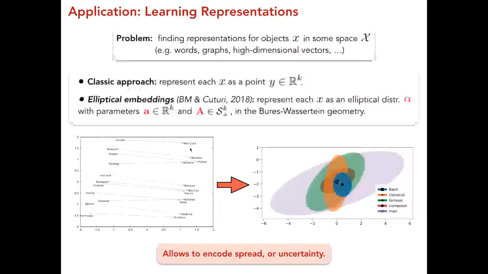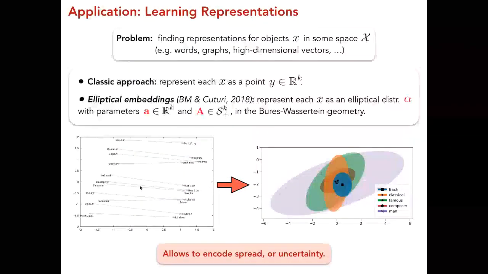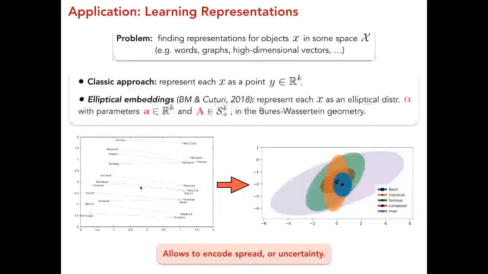So in the example of word embeddings, if we use these representations, then not only do we get the points, but we also get the covariances, which allow us to encode a different type of information, such as spread or uncertainty. For instance, in this example, it seems very natural that the representation of man is much wider than the representation of composer, because a composer is a more narrow word than man.